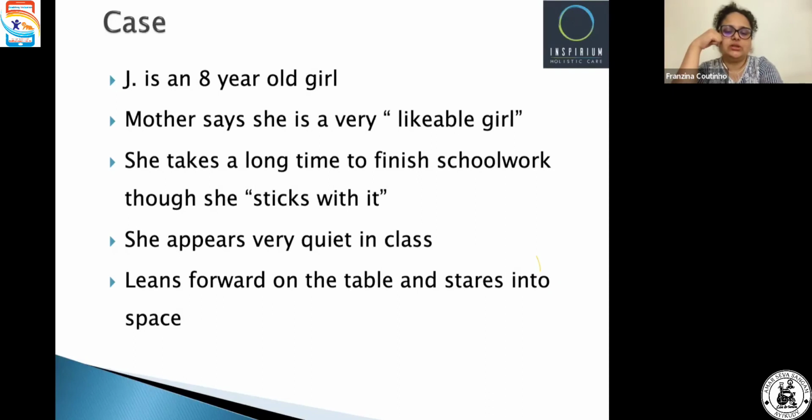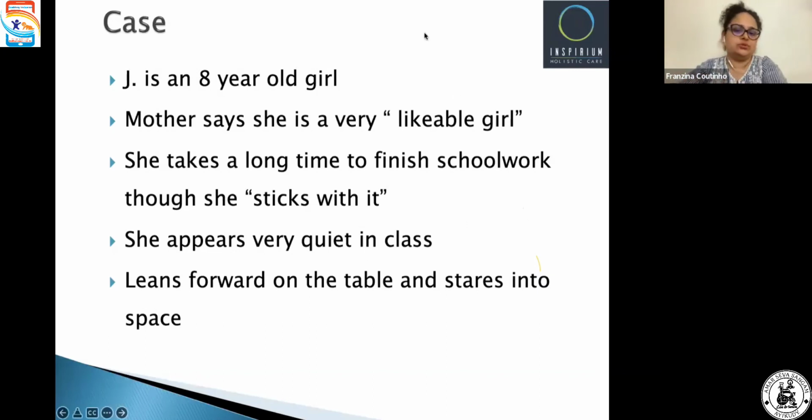The teacher's talking. Auditory, very good. Correct. And she sticks with it, which means that it's probably her attention, like you said, is taking too long. So the combination of all these things together is just not working well for her.